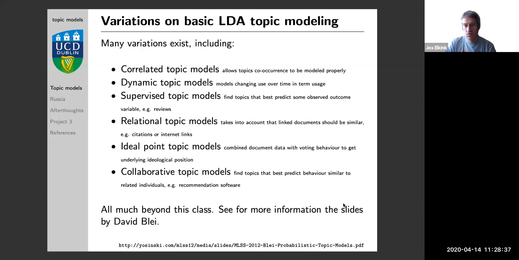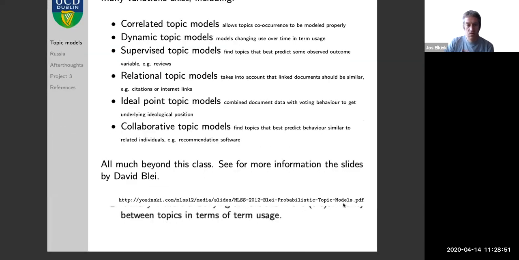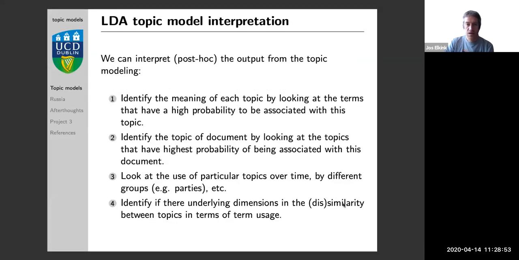We try to identify topics in a set of documents without knowing in advance what these topics might be. And we then identify what these topics might be afterwards by looking at which terms closely associate with which topics. So we have to interpret this output post hoc.